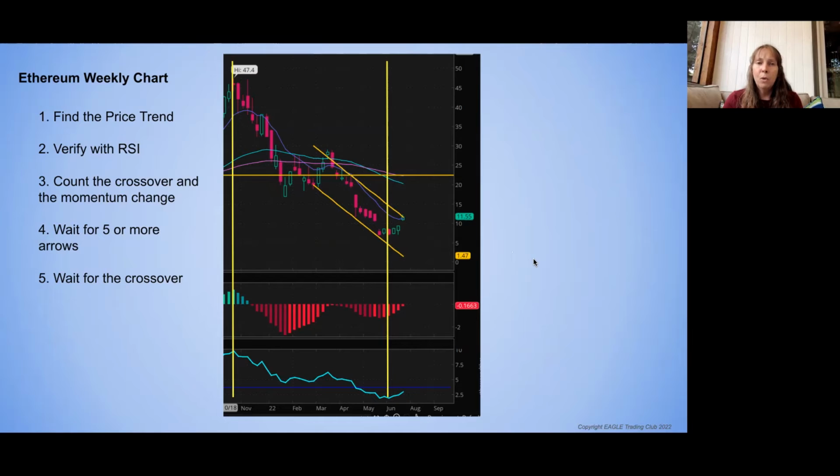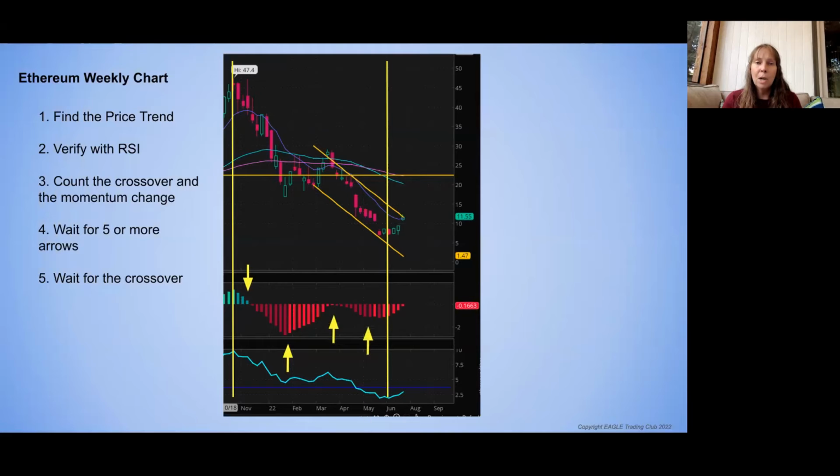And then what we're looking for, here's a crossover, right? And then let's keep marking them. The colors can signify a momentum change from an upward momentum to a downward momentum, or a downward momentum to an upward momentum. So the easiest way is to look for the color changes, right?